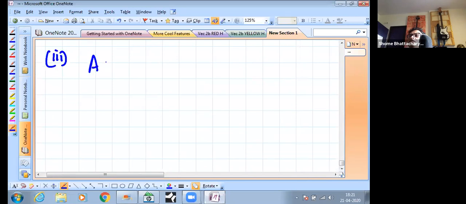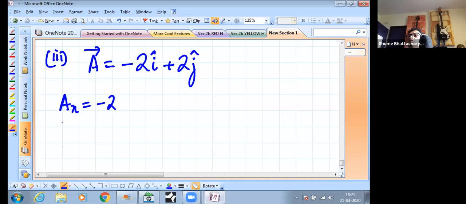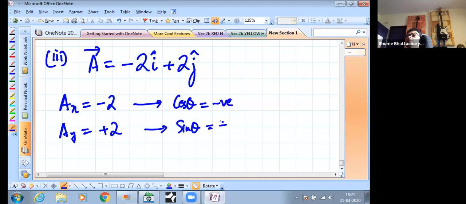So vector E is minus 2i cap plus 2j. So you can see that Ex is minus 2, Ey is plus 2. So that is telling you what? That cos theta is negative, sin theta is positive. So theta is in which quadrant? Theta is lying in quadrant 2.